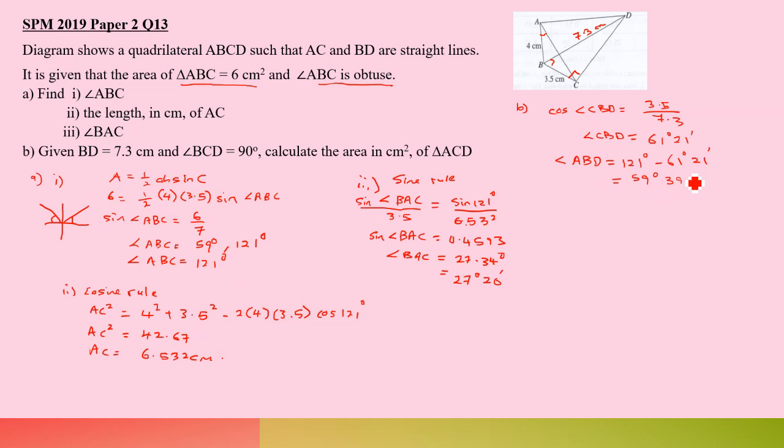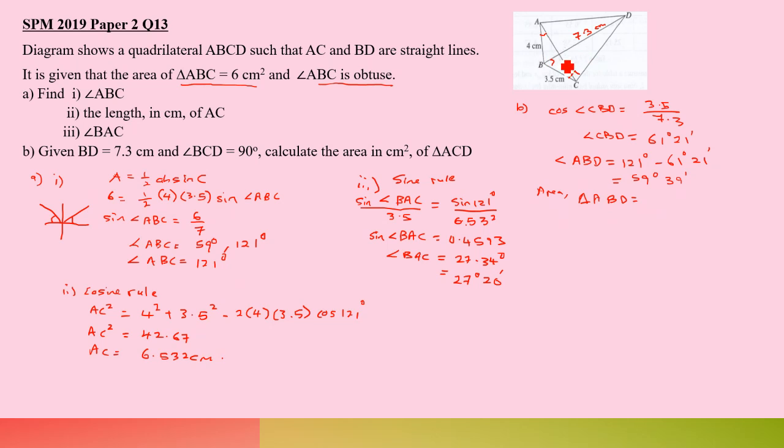minutes. Okay, so now with these two, I'm going to find the area of the big triangle up here, that is ABD, and also the area of CBD. So we're going to find the area of triangle ABD. Recall your formula for area: half ab sine C. What that means is half times two adjacent sides and the included angle.